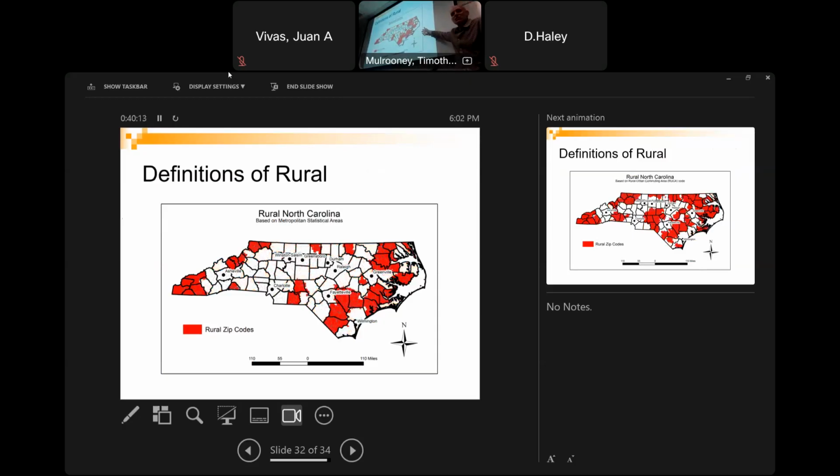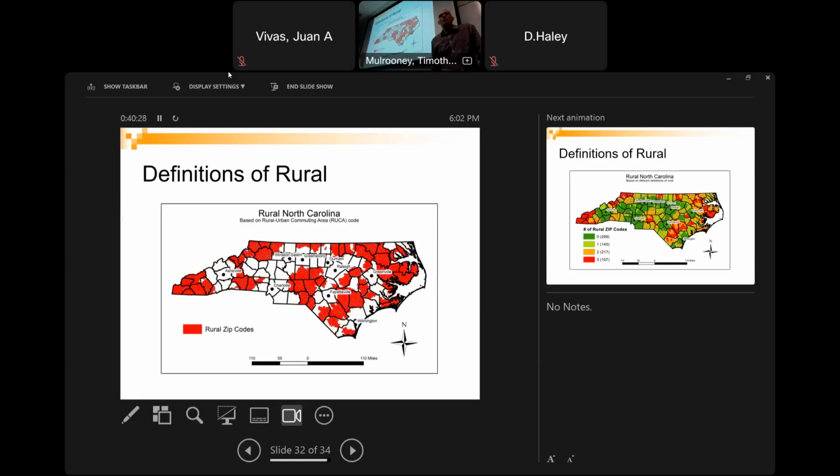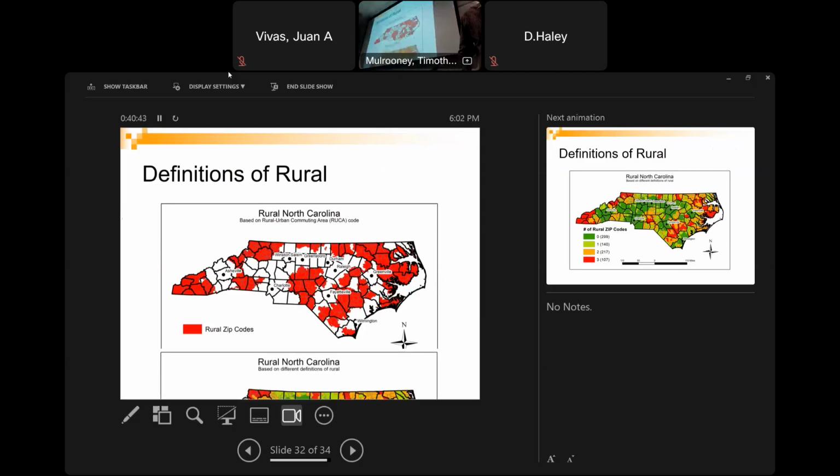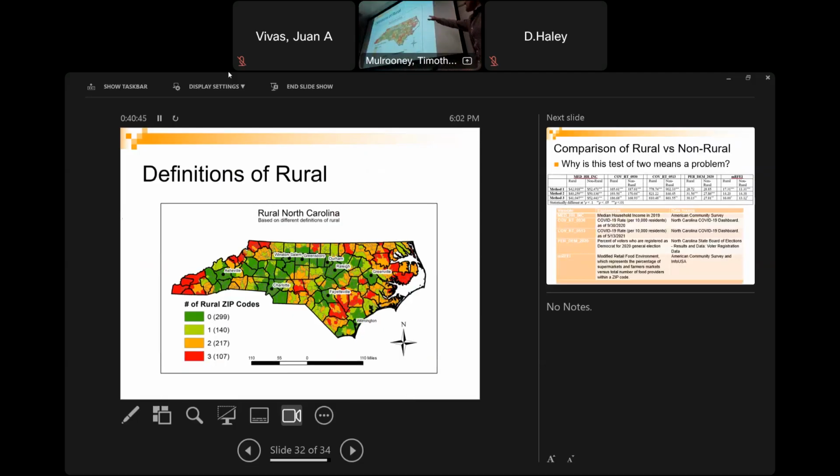Here's another definition of rural based on the metropolitan statistical areas, MSAs. So this is rural in another definition. Here's another definition using something called the RUCAs, rural urban commuting areas. Right, Chima? Yes. And this is USDA? Yeah, this is USDA. Now we can do some really precursory analysis by superimposing these and saying, hey, the red areas have the most number of rural definitions, the green areas have the least.